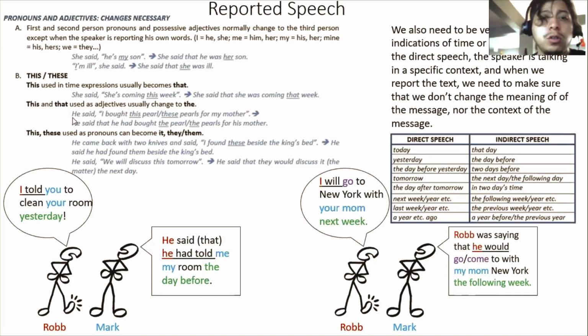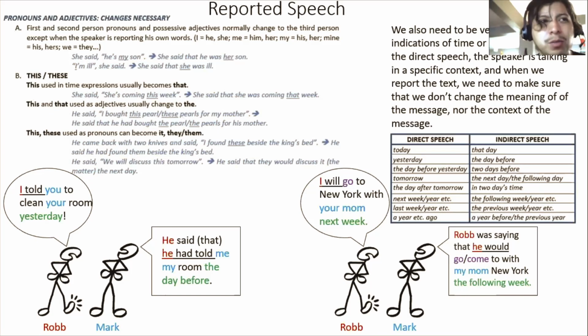You need to be careful of pronouns. That's something that we have spoken about. You need to change the person so that it corresponds to the message. But there are other things, like adjectives, that you need to change. For example, possessive pronouns or possessive adjectives. For example, times or places. You need to be very careful with that.